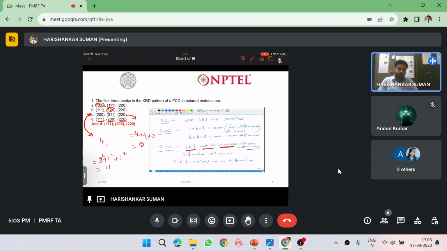Option C, why is C not correct? 4, 8, 11.